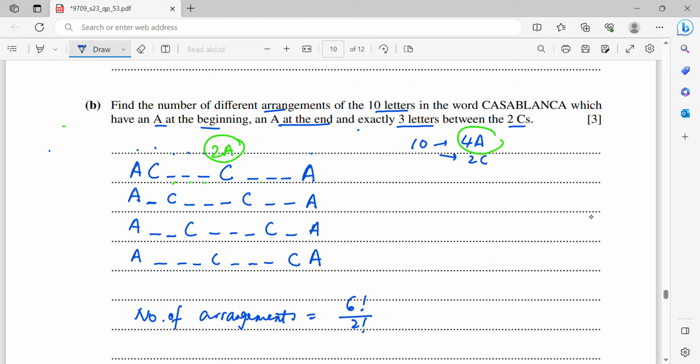And the second case is still the same: 6 dashes with 2 A's. Same for the third and fourth cases. So I can just multiply by 4, because all of them have 6 factorial over 2 factorial. Then at last, you will get 1440.